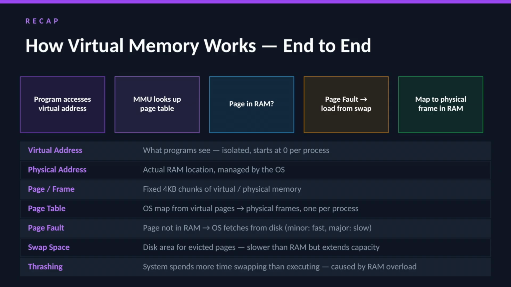And if your RAM is severely overloaded, you get thrashing. The system keeps swapping without making any progress. And all of this together gives you process isolation, the ability to run larger programs, and efficient multitasking, all managed by the OS using the virtual memory concept.